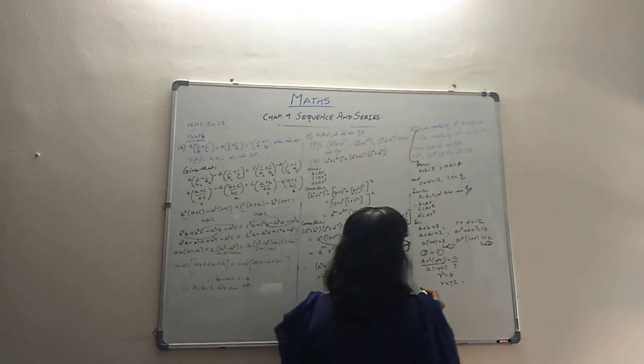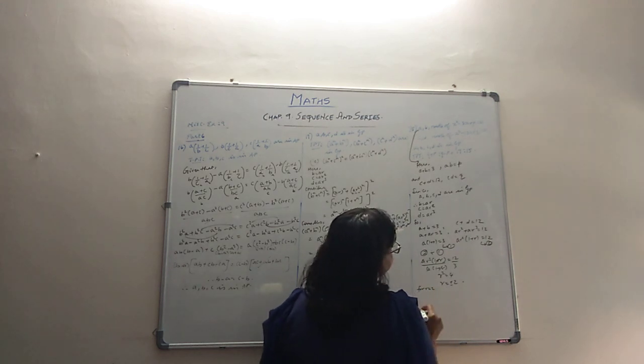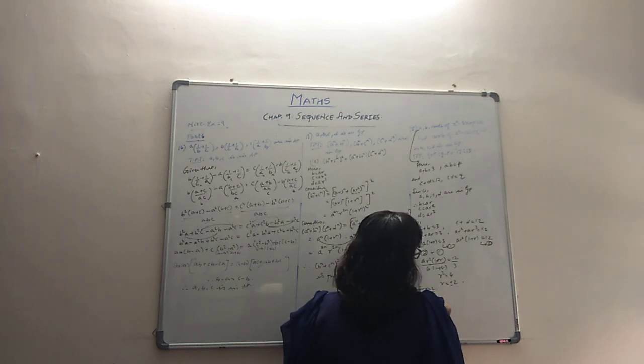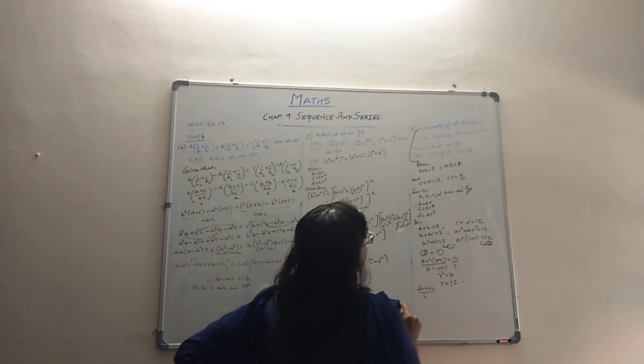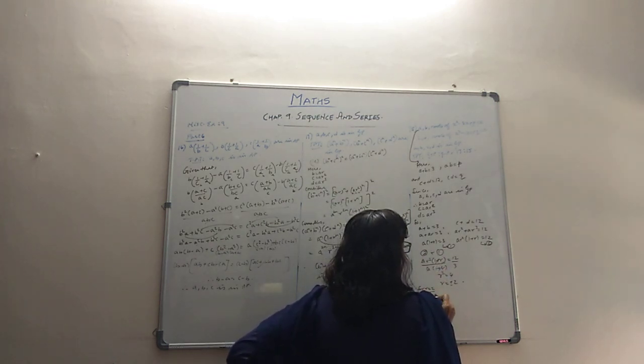For R equal to 2, from equation 1 we can get what A is. A times 1 plus 2, that's 3, so A is 1, right?